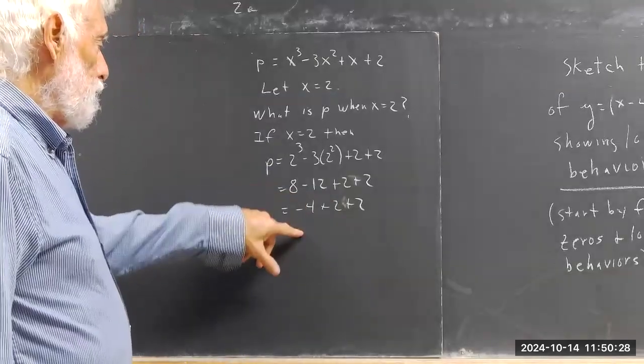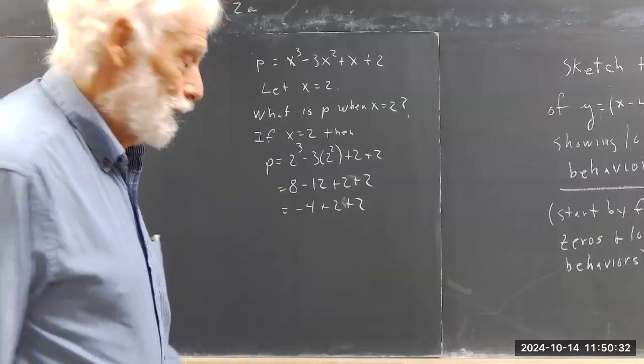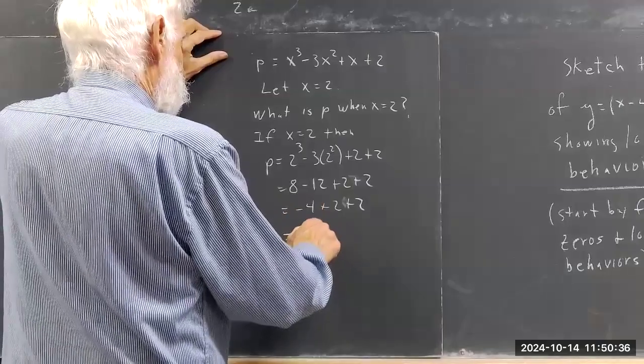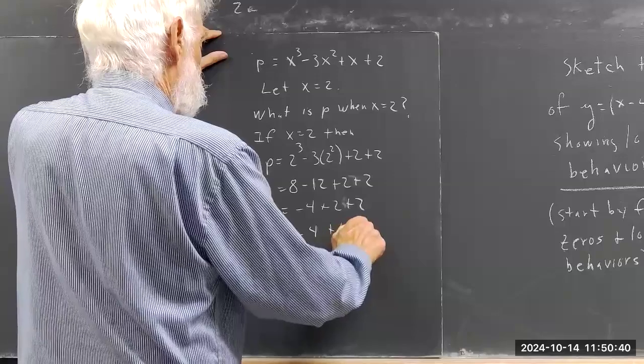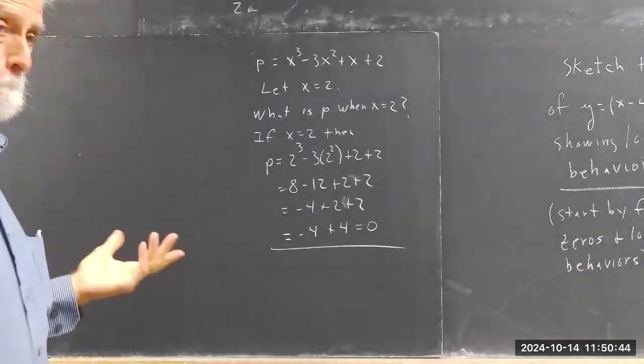One person forgot the negative sign in front of the 4. You're watching me too much, because I do that all the time. So don't do like I do, do like I say. And then I can do the -4, and then I can add my positive numbers, and I get 4. And that equals 0.